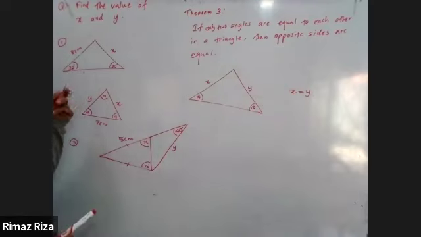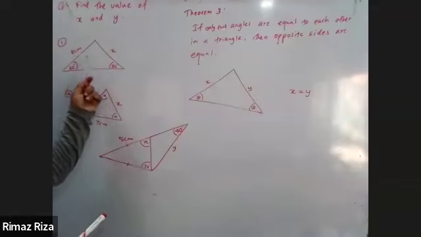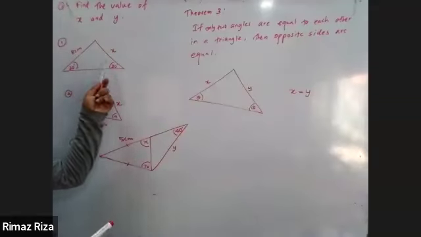So the first one is very easy. These two angles are equal. Therefore, these two sides are equal.